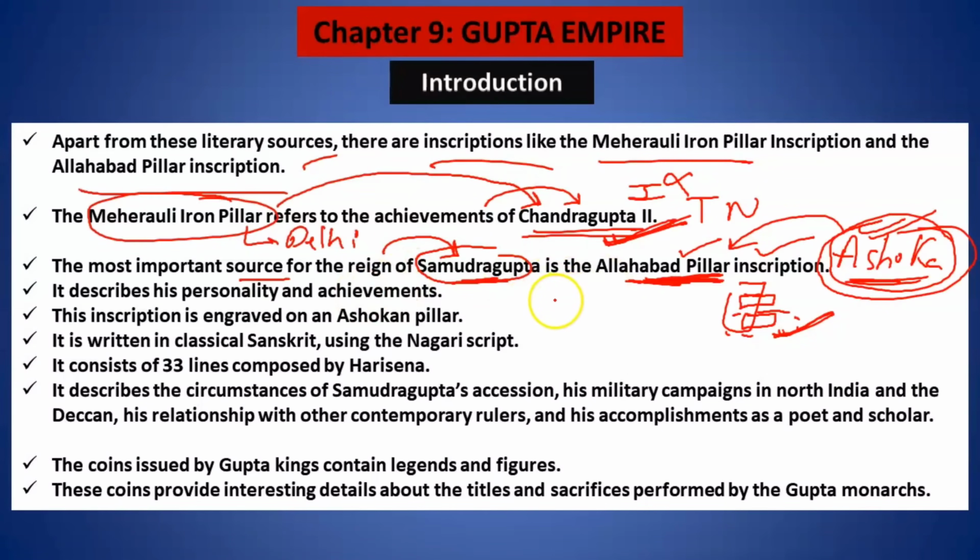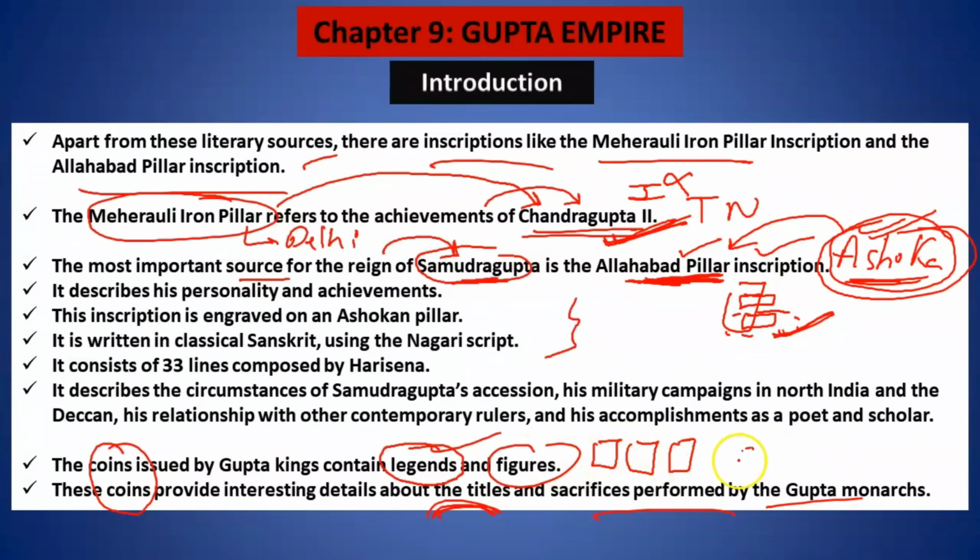Apart from these achievements that we see on these pillars, the coins have also played a very important role, because on the coins there are mentions of various legends and figures through which we come to know the status of the kings at that time, and moreover the various titles used by the kings at that time. The sacrifices performed by them are also mentioned on the coins.